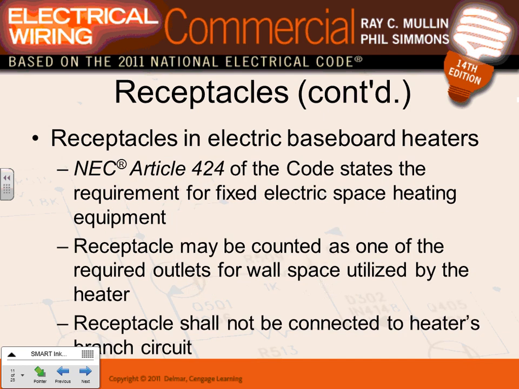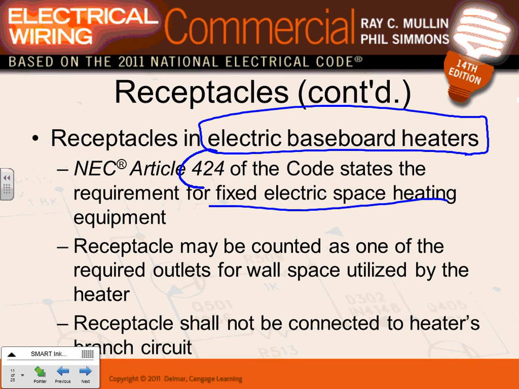This talks about electric baseboard heaters. You guys remember when we talked last quarter about electric baseboard heaters, fixed electric space heating equipment, Article 424. We sized a couple of things about this last quarter. Your receptacle can count. If you put a receptacle in that baseboard heater, it will count as one receptacle based on your need.